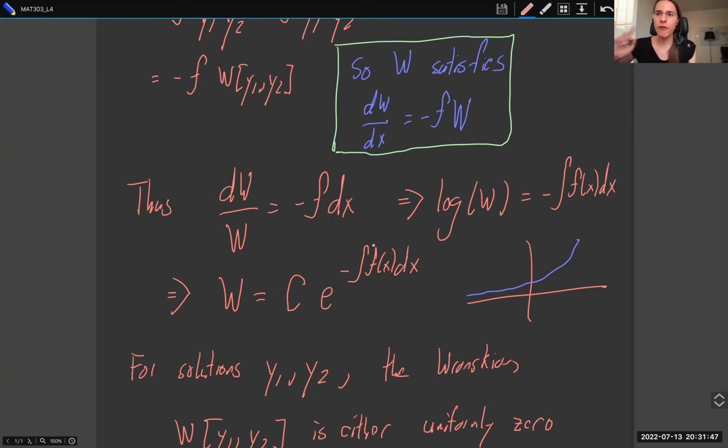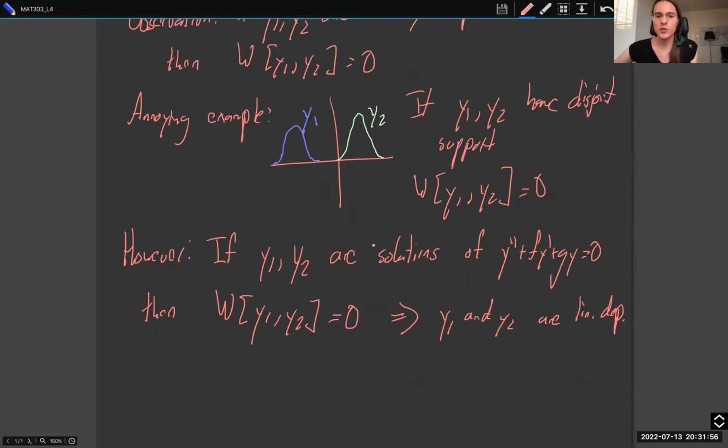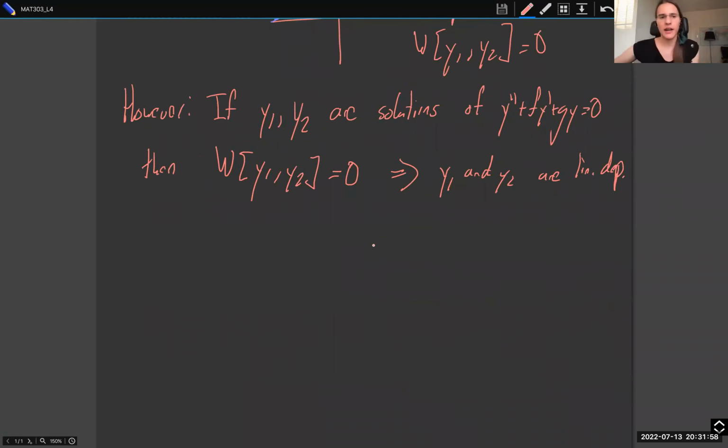So in other words, you can find the Wronskian of two linearly independent solutions without knowing what those two solutions are.